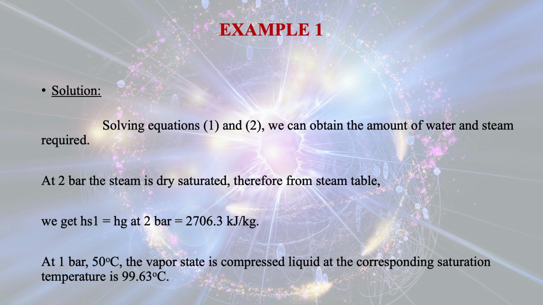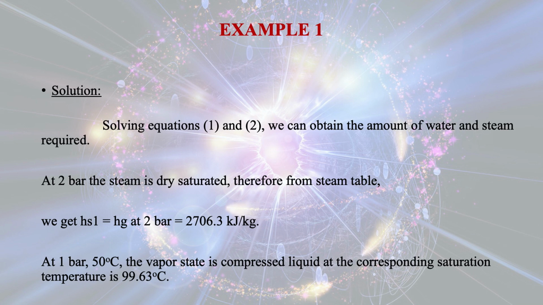At 2 bar the steam is dry saturated, therefore from the steam table we get the value of Hs1, that is the Hg at 2 bar. This value we will get from the steam table, that is 2706.3 kilojoule per kg.